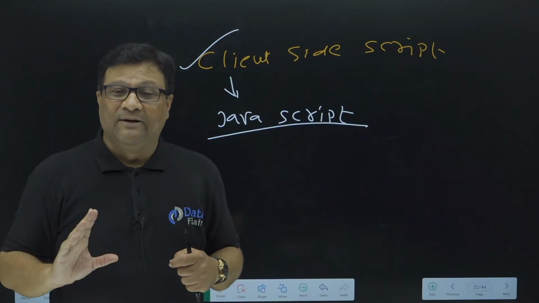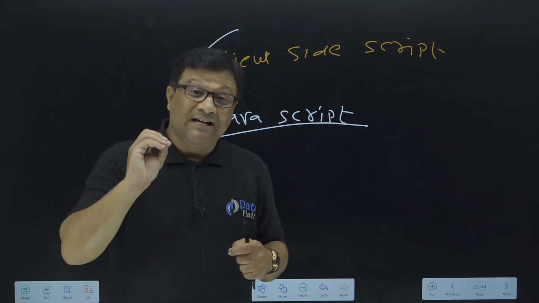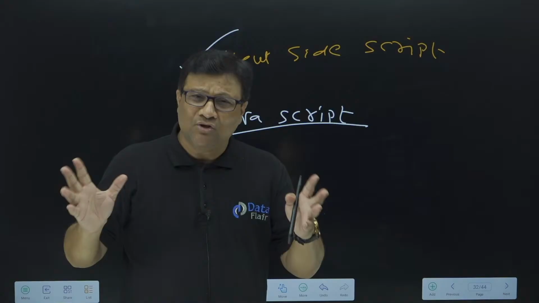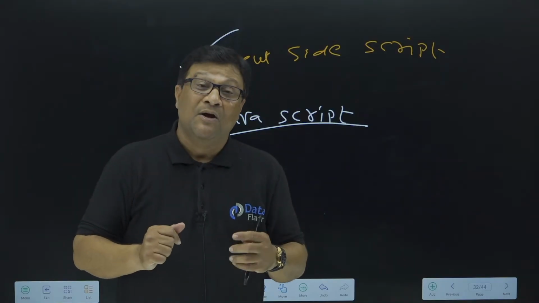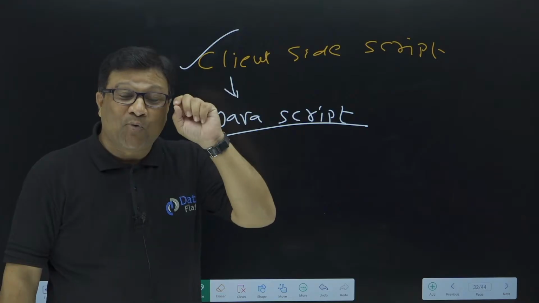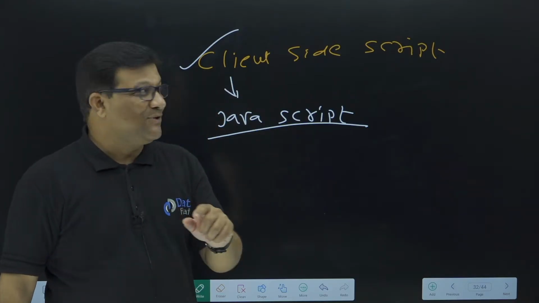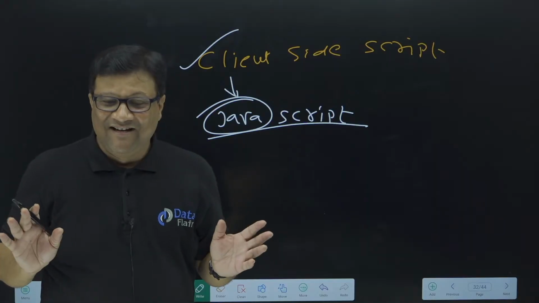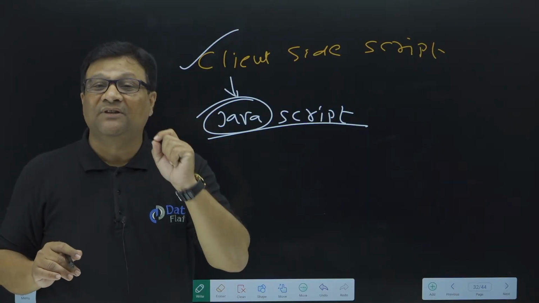Still Java is required nowadays, but at that time Java was new in the market, so there was a huge requirement for Java people. Java was the most popular language then. So seeing the popularity of Java, the name was changed from client-side scripting to JavaScript. It is only because of the popularity of the name.